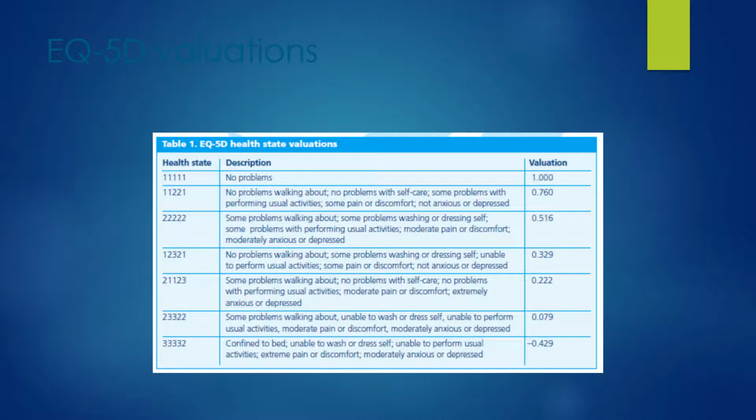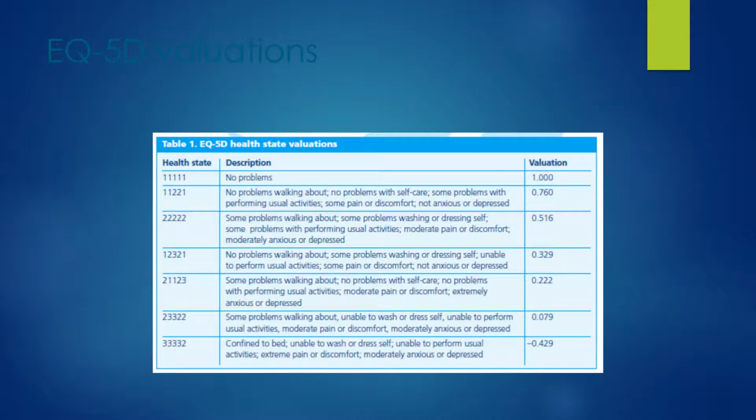Just to reinforce the point, some states people consider worse than death. In the UK database, for this code, which is confined to bed, unable to wash or dress, unable to perform usual activity, extreme pain, moderately anxious or depressed, the group of people rating this state consider that it is below 0, which is a negative value.